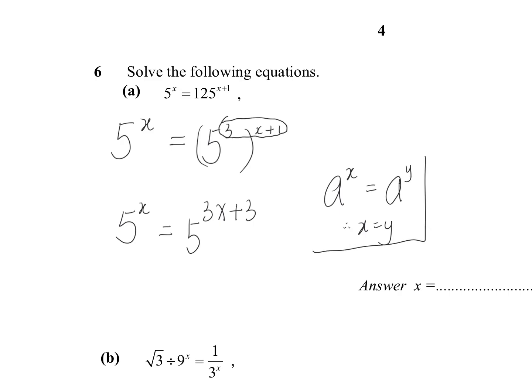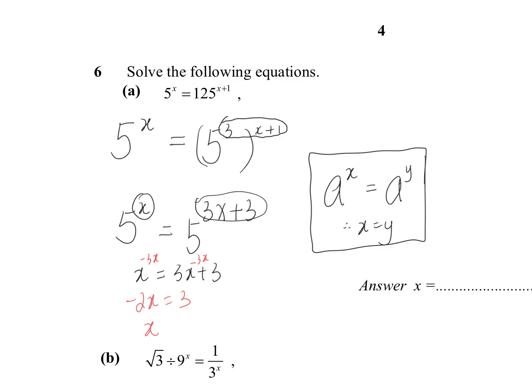If the base is the same and they are equal, the power must be equal. So it tells me that these two must be equal. So x is just divide by negative 2 on both sides. So you get minus 1.5.